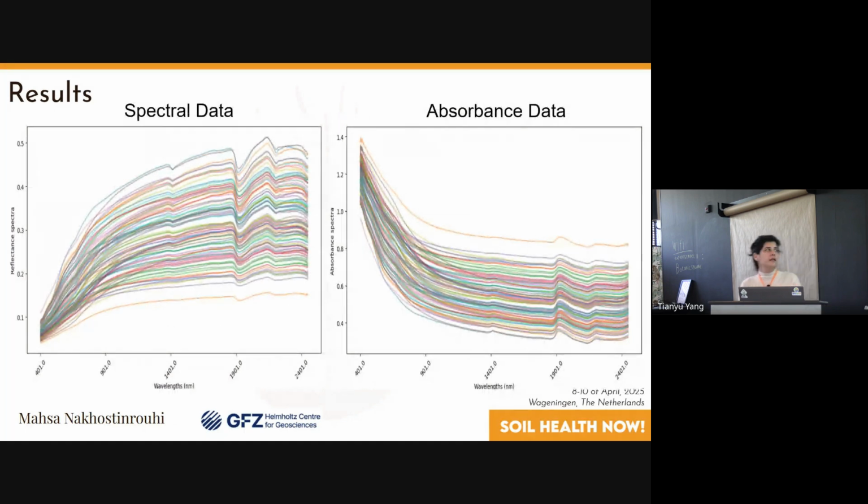This slide includes the reflectance spectra on the left side for those 89 soil samples and their absorbance as the right plot.